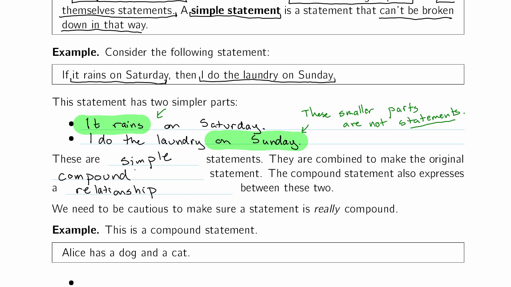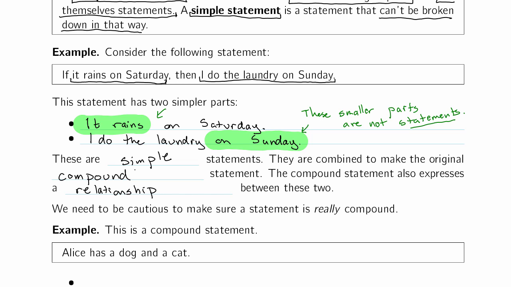Now, when we're breaking a sentence down into its simple parts, we need to be careful because in English, in natural language generally, it's sometimes hard to tell whether the two separate simple statements combine together to give the same meaning as the statement that we have that uses some sort of a conjunction.